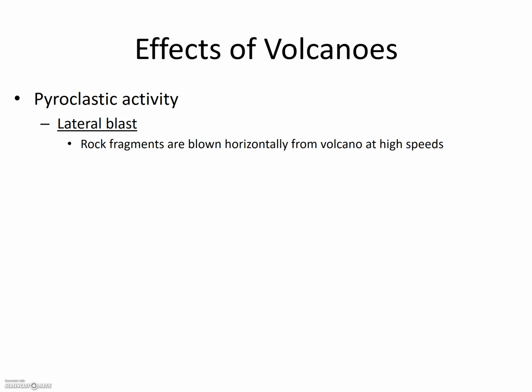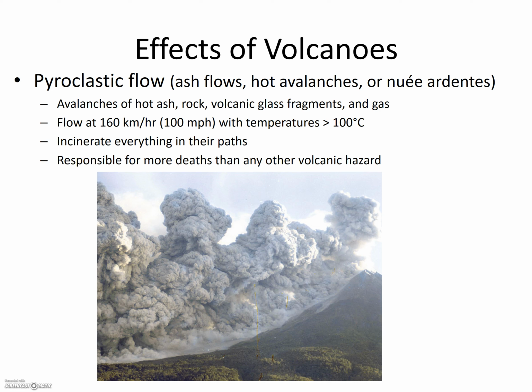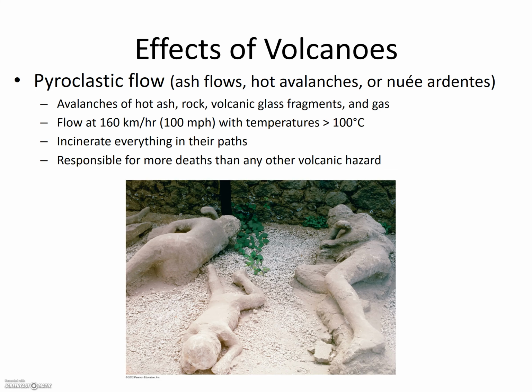They incinerate everything in their paths and are responsible for more deaths than any other volcanic hazard. Here is an image of a pyroclastic flow down the side of a volcano. And here are some plaster casts of volcano victims from Mount Vesuvius that perished in a pyroclastic flow.